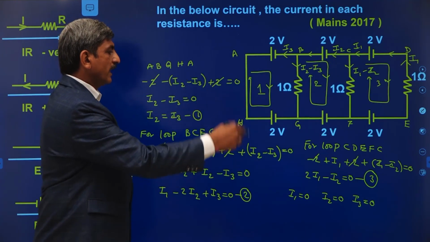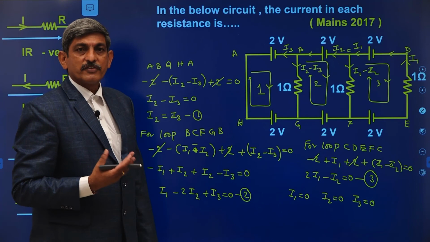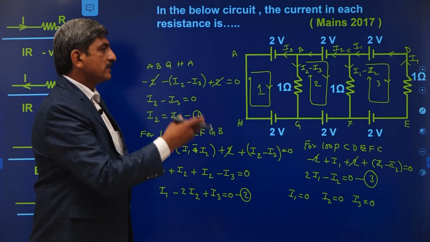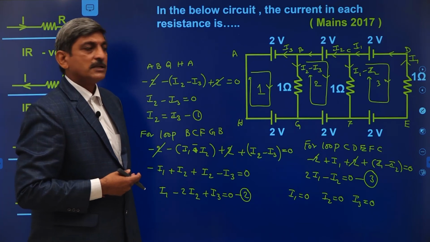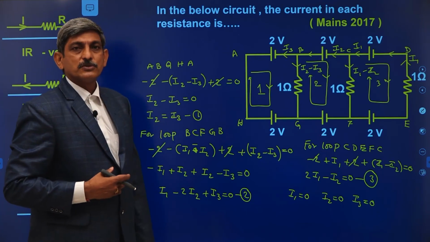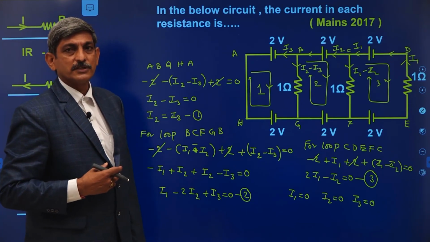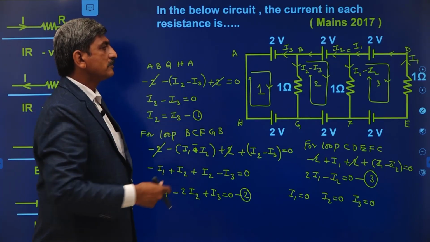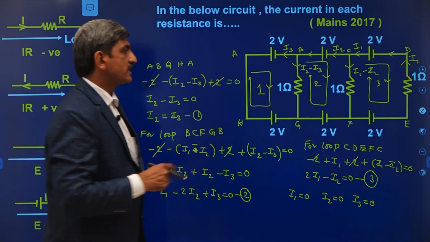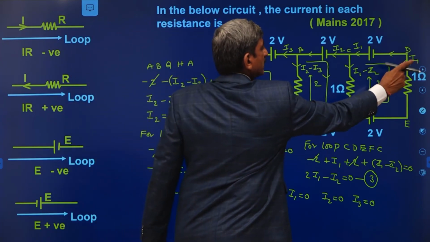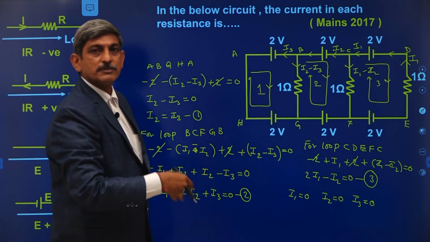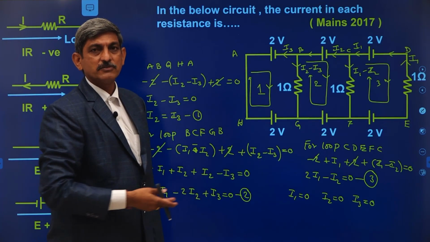So like this, whenever there are different elements, we can apply Kirchhoff's voltage law and we can determine the currents passing through the various elements of the circuit. Right? While solving the problem, if we assume the currents as I1, I2, I3, the problem can be simplified in a somewhat easier way.